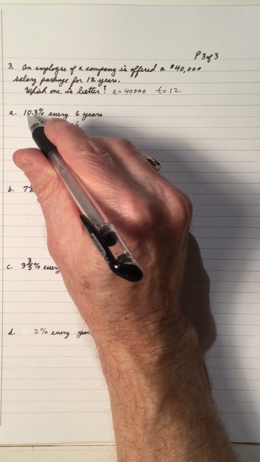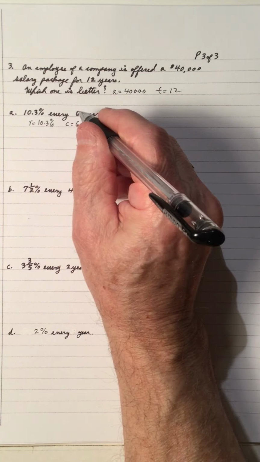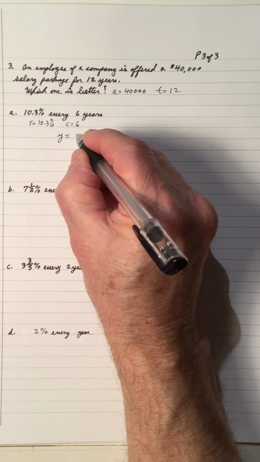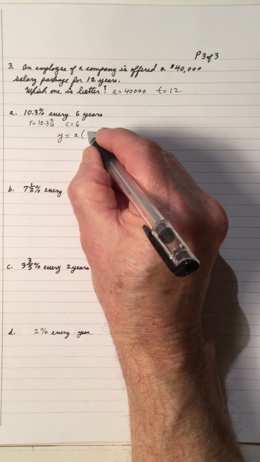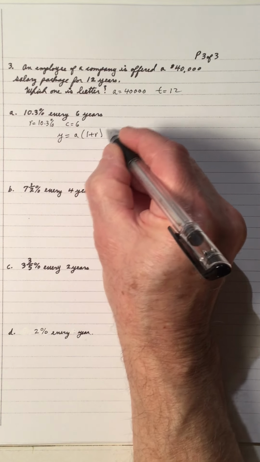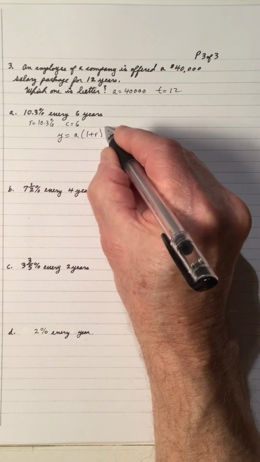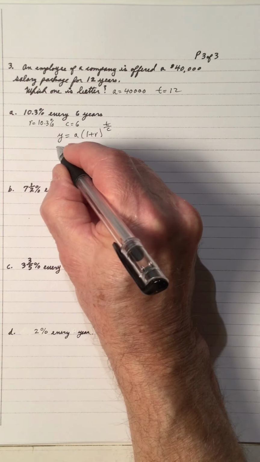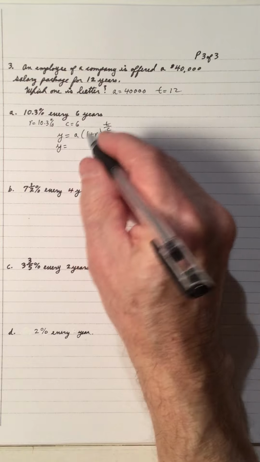So notice you get 10.3% every 6 years. So y equals a times 1 plus your rate to the power of time over c. So what's going to be your salary?